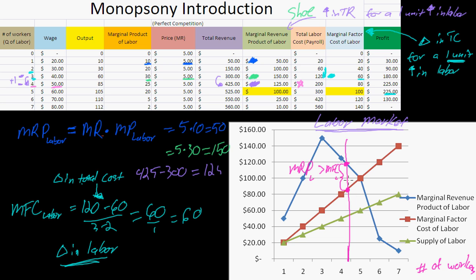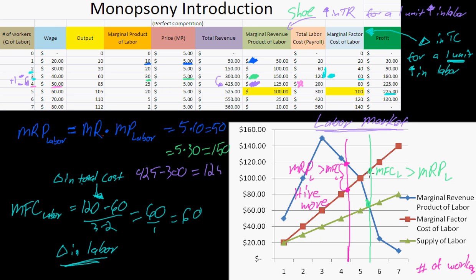Now on the other side, and I'll switch colors up one more time, so I'm kind of skipping around, I apologize. So here we are going to hire more. Now on this side, if the marginal factor cost of labor is greater than the marginal revenue product of labor, like right here, then we are going to hire fewer workers because they cost us more.